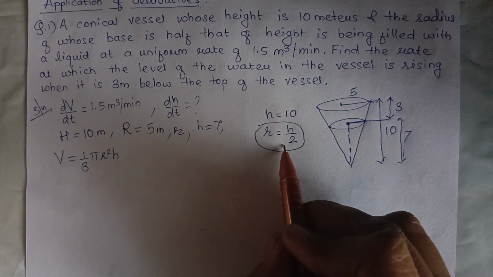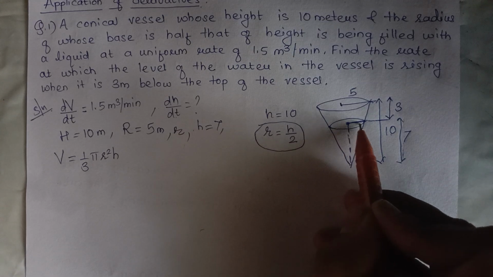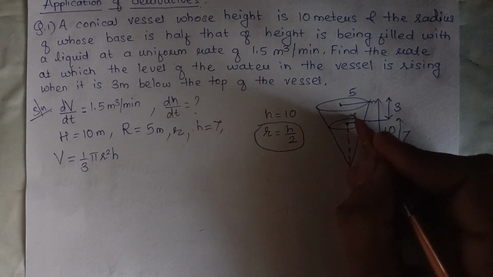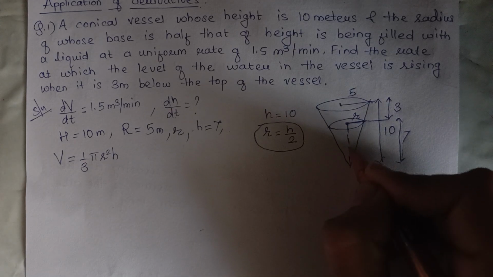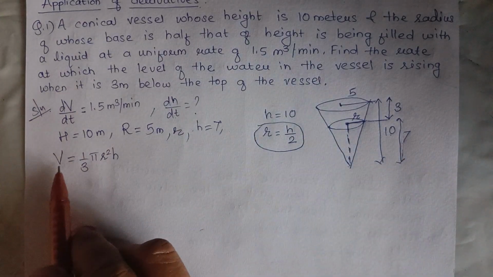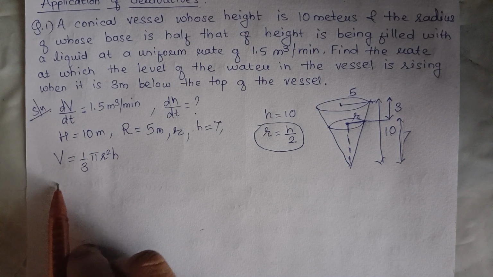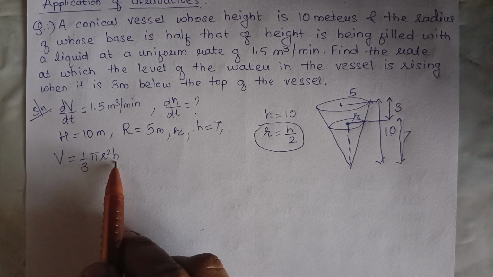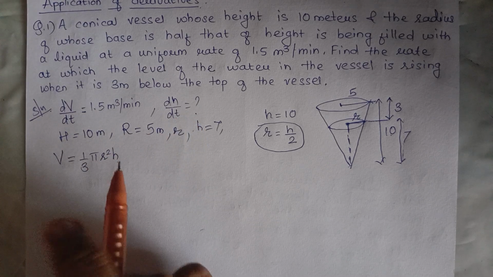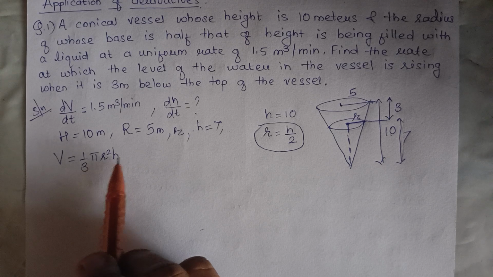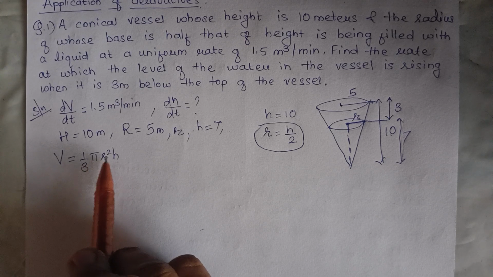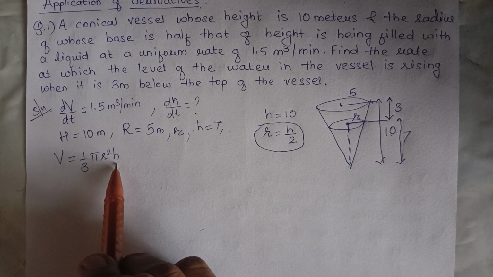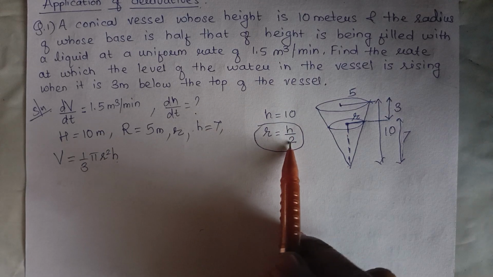That relation we have to make use of to find this radius. Because when we are finding the change in volume, that time we want only one variable, and here we have two variables, right? So we have to convert one of the variables. Obviously we are going to convert r into h because we want dH by dt, correct? So write r in terms of h. So r is h by 2.